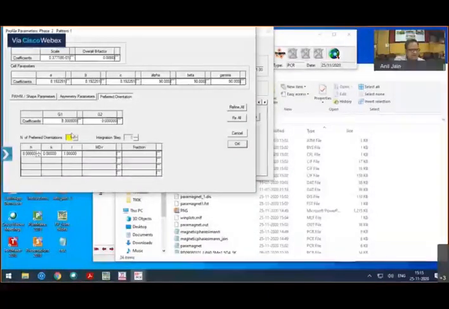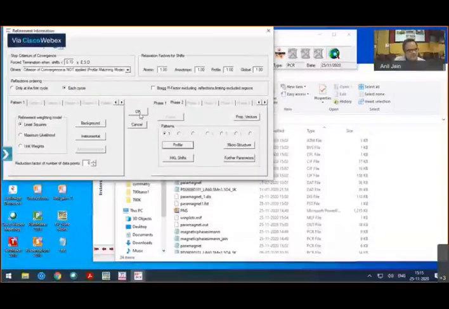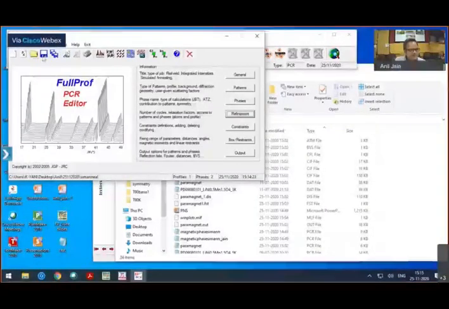And these parameters G1, G2, which are denoted in the PCR file as asymmetry 1 and asymmetry 2, and pref 1 and pref 2, they are 1 and 0. So with this, as I open this file in the PCR editor, it looks like it is all right as per the format of the FullProf program.